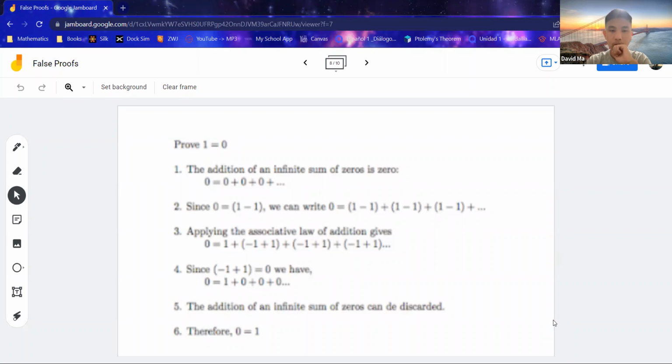All right. So if you look at this thing, the logic behind this example is actually quite simple. You take out a 1 here, and you pair up these numbers.